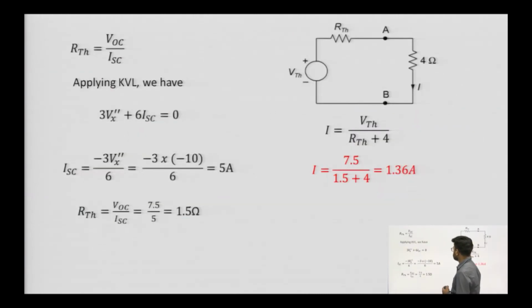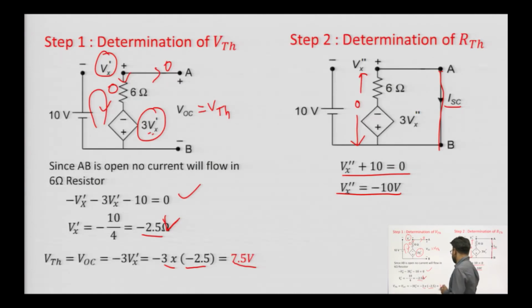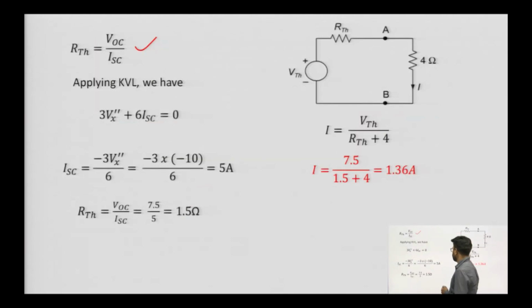Now, RTH will be equal to VOC divided by ISC, open circuit voltage divided by short circuit current. The open circuit voltage we have is 7.5 volt.